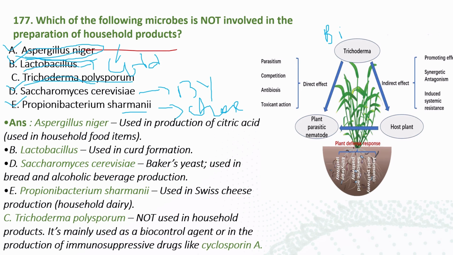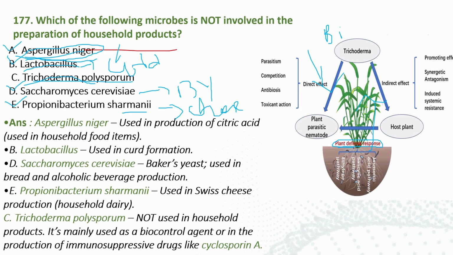It will control the pathogens that affect the growth of the plant, which means it will help in the plant defensive system. It will help the plant against pathogens present in the soil, like parasites or pathogens which want to infect the plants.